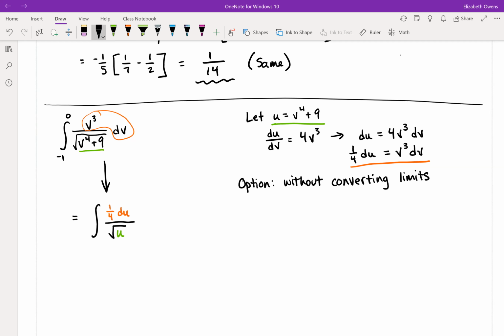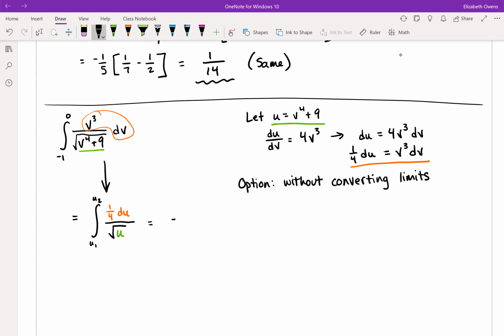And then the limits, since you're not converting them, do not write those numbers on this integral. This is in terms of u. Those limits are in terms of v. No good, they don't mix. So put some sort of placeholder: u1, u2, or v1, v2, whatever you like. Just do not write those values of -1 and 0.